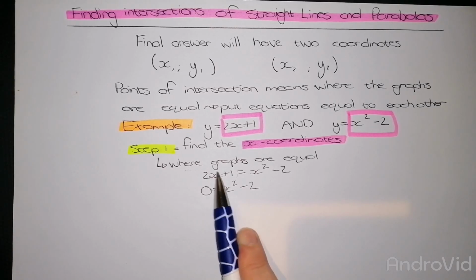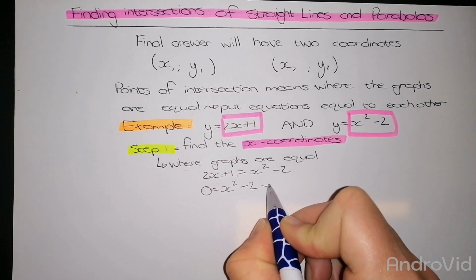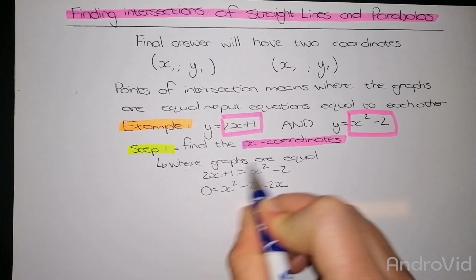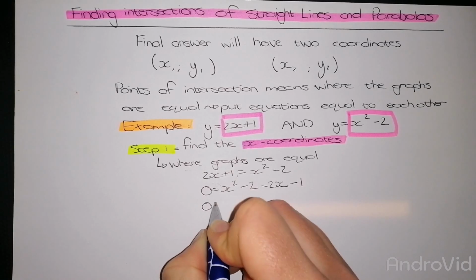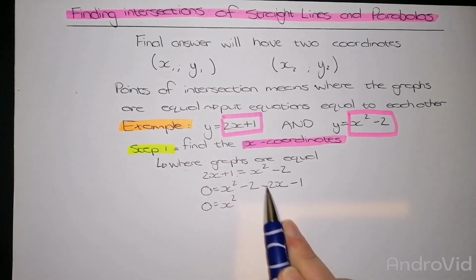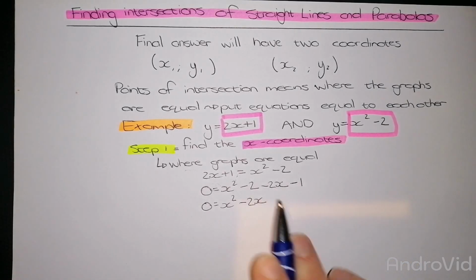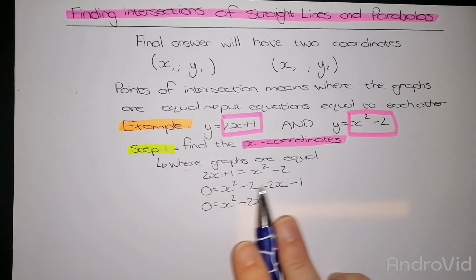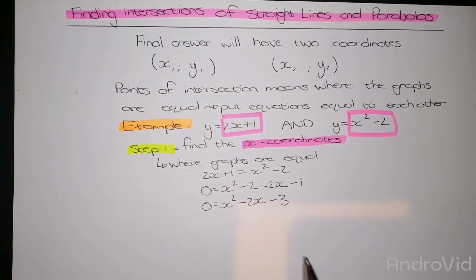When I move units over, I change their symbol. So 2x becomes negative 2x and plus 1 becomes negative 1. Now I need to simplify. So I only have x squared. I have one singular x, so that's negative 2x, and then I've got two numbers that I need to add together. Minus 2 minus 1 is minus 3.